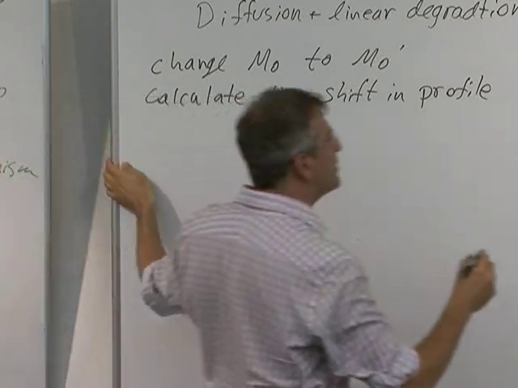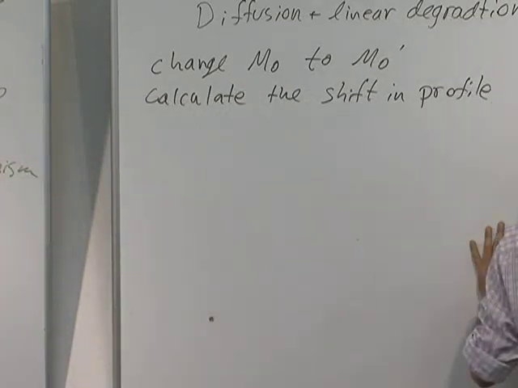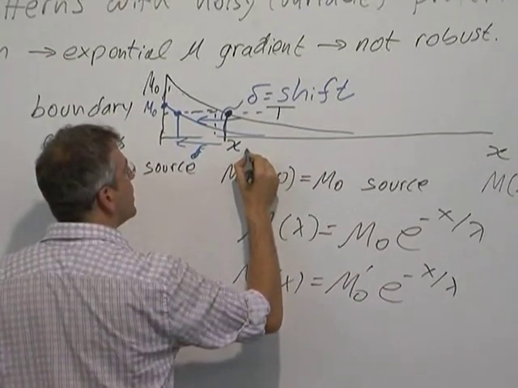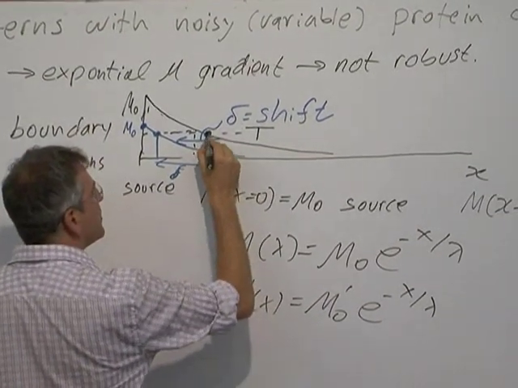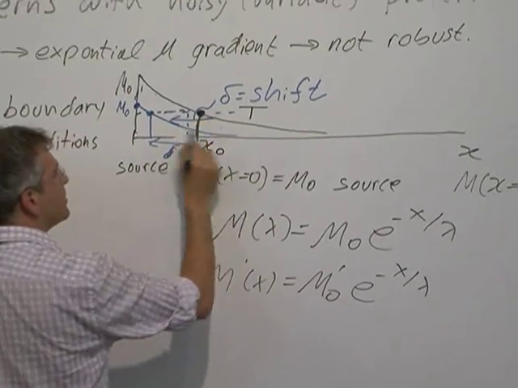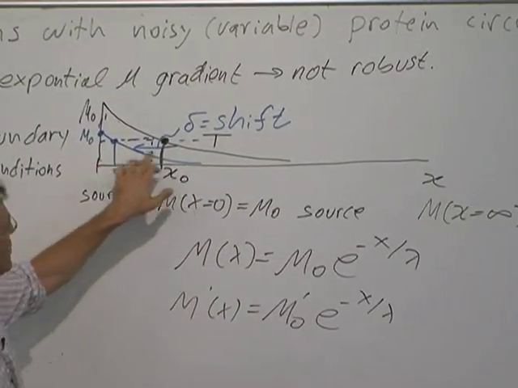Let's really put here, this is the threshold t. This is the point x0 where you cross the threshold. This is, let's say, when you go from state A to state B.